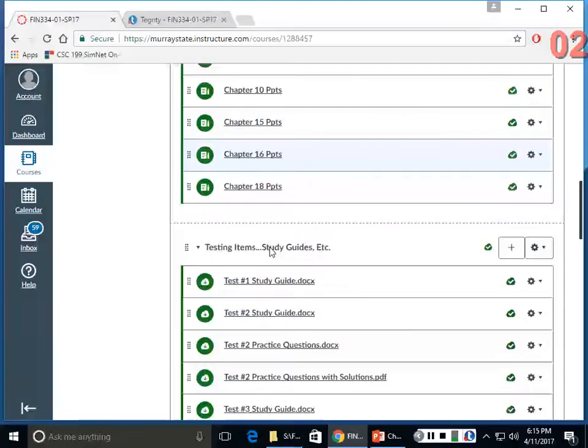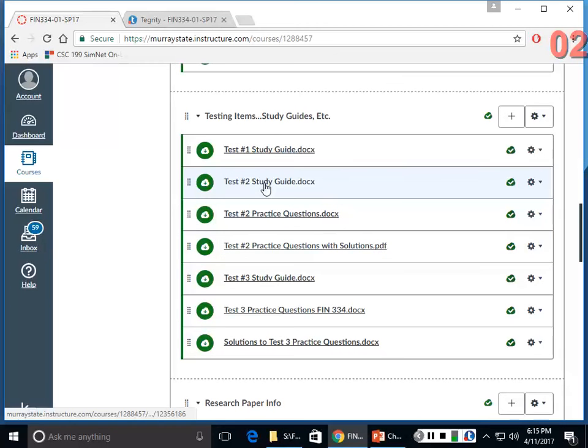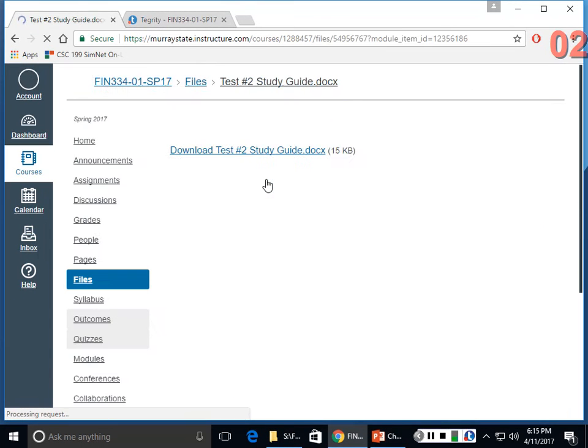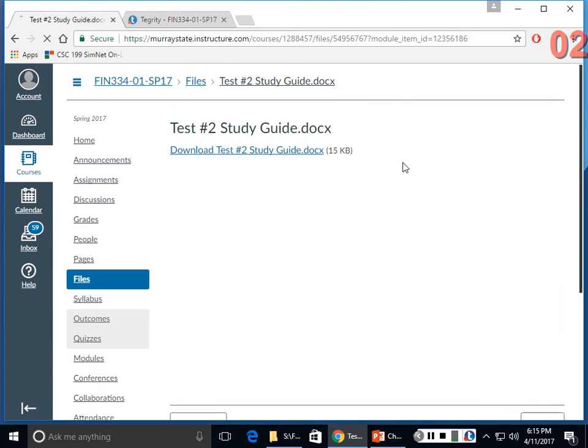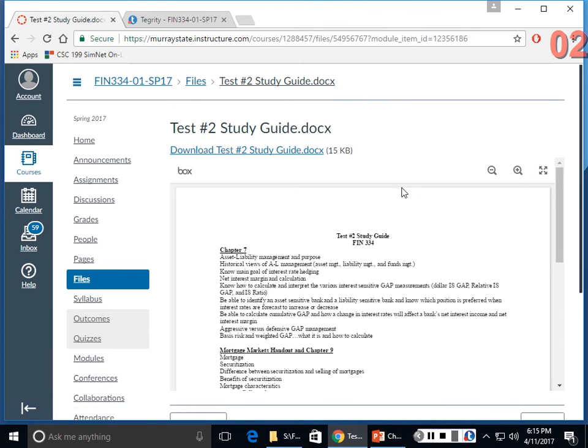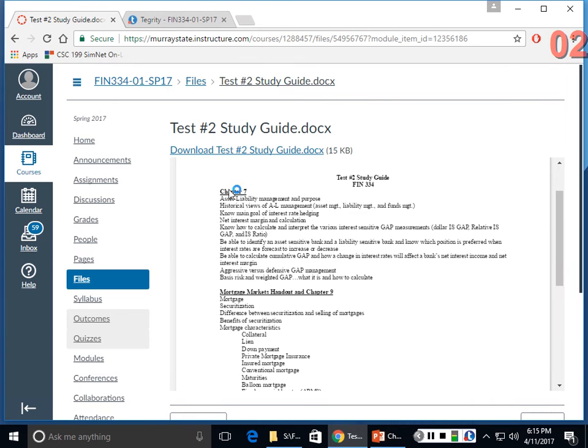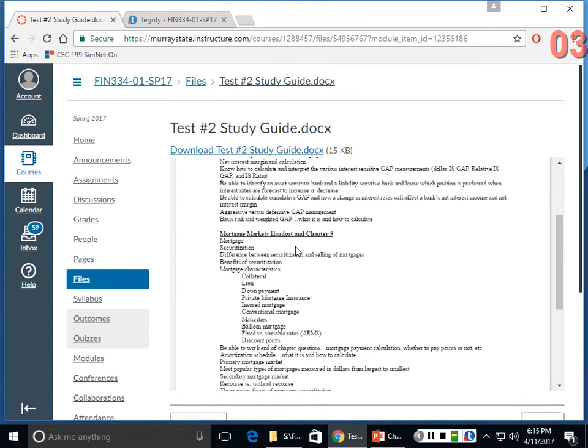If we take a look at the study guide, I'll pull that up and we'll look at it again in a few minutes. You can see it's going to cover chapter 7 from your textbook, and then the money markets handout, which, by the way, does anyone need a copy of this handout if you haven't been here? Okay.